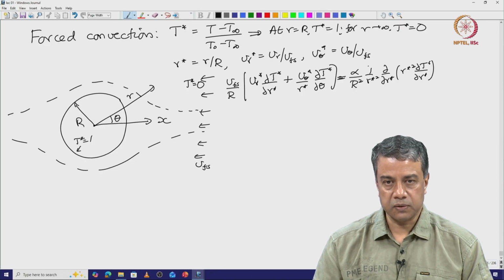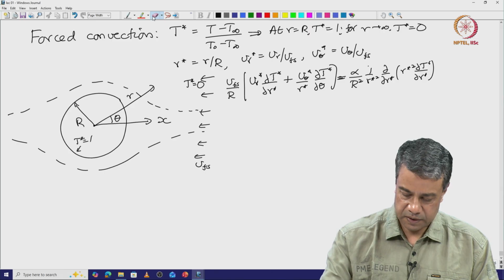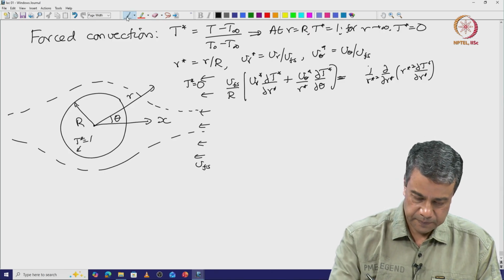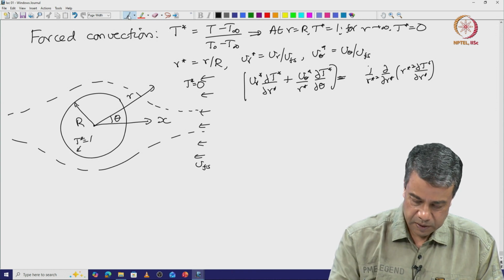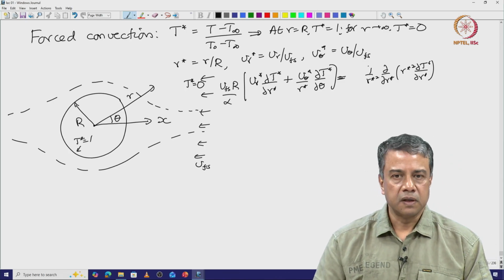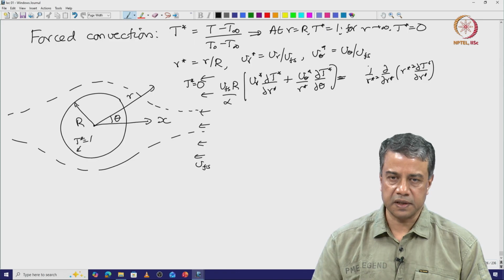And I can divide throughout by alpha by r square. So, on the right side I will get just the coefficient to be 1. On the left side I will get V free stream r by alpha. Note that the Peclet number is classically defined with respect to the sphere velocity or the free stream velocity and the diameter.